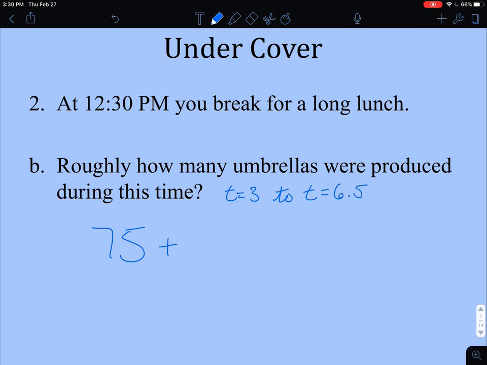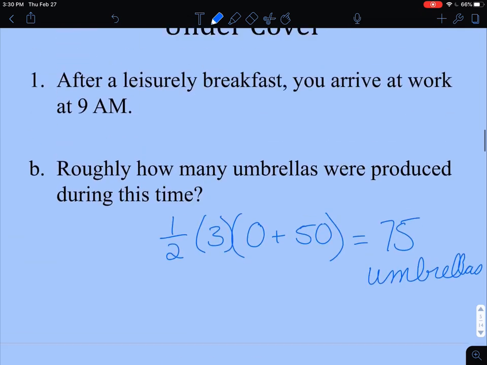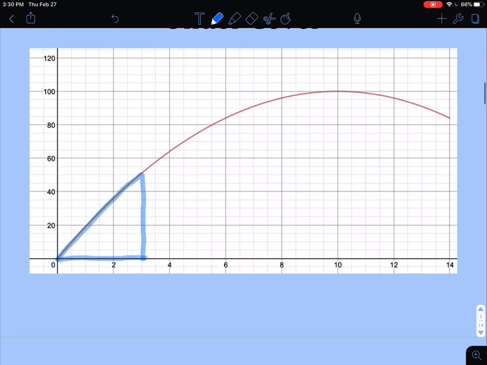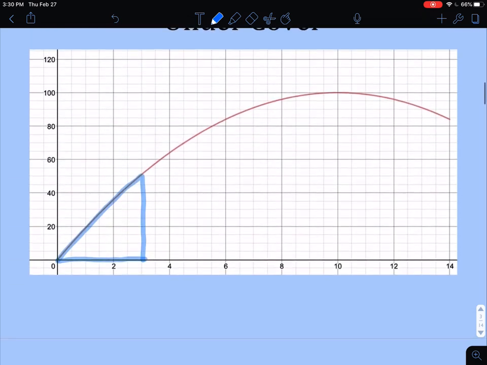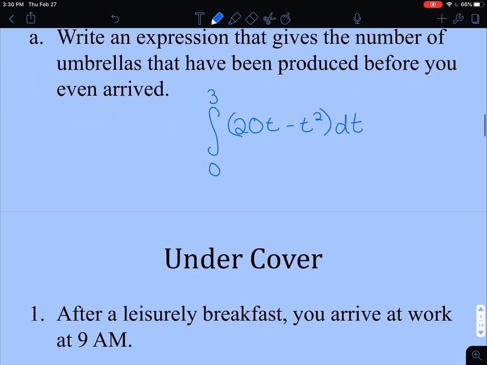I'm going to do this with another trapezoid. So 1/2 times 3.5 times, now y1 is going to be 50 and y2 is about here, which looks to be about 88.